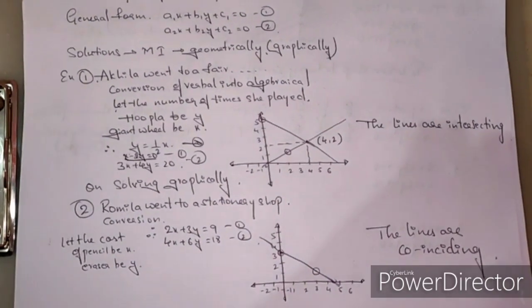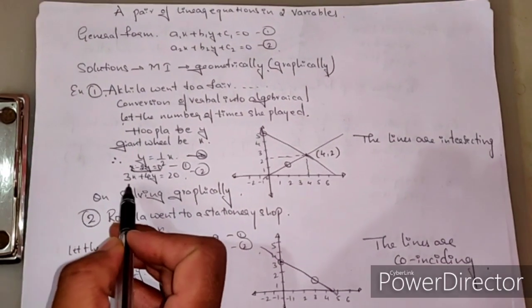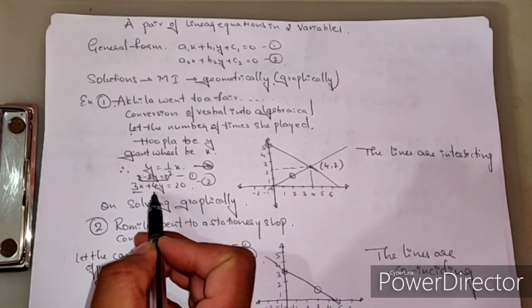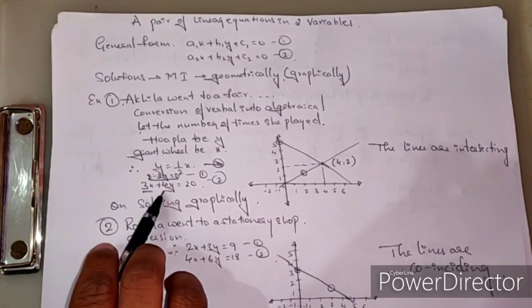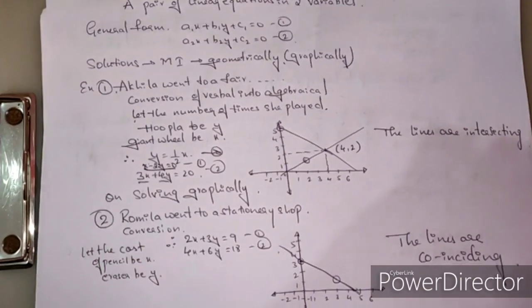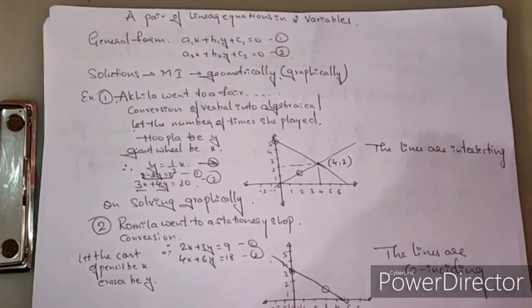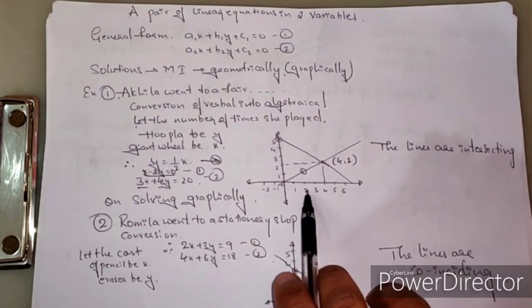And as she pays rupees 3 for each ride of the giant wheel, that will be 3 into x, plus 4 into the number of times she played hoopla, which is y. So rupees 4 she pays to play hoopla, and together she spent rupees 20. When we solve this graphically in the graph book, we get the following graph.